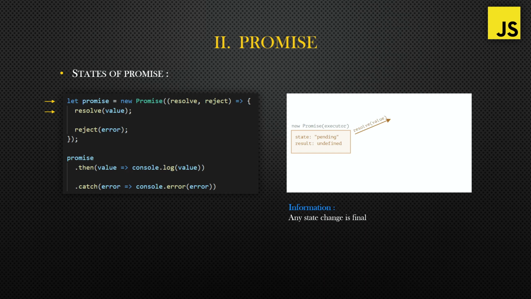If it is resolved, it's going to be resolved with a value with the .then method. The state will be fulfilled and you will have the value as the result. If it is rejected, you are going to catch the error. The state will be rejected and you will have the error as the result.